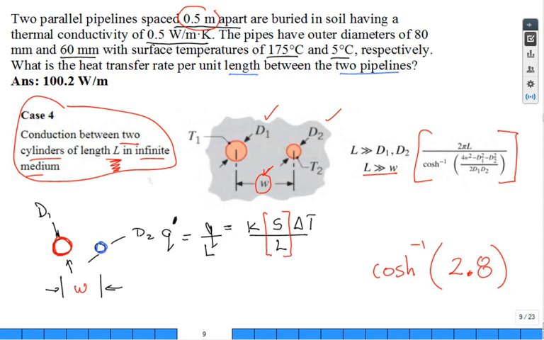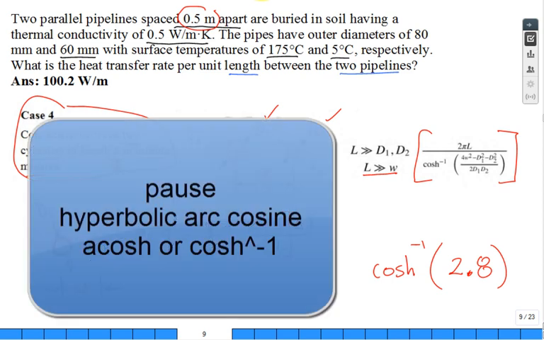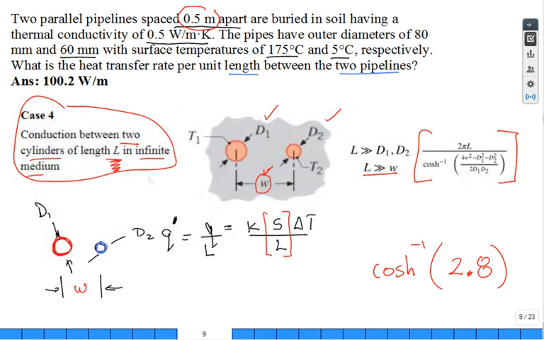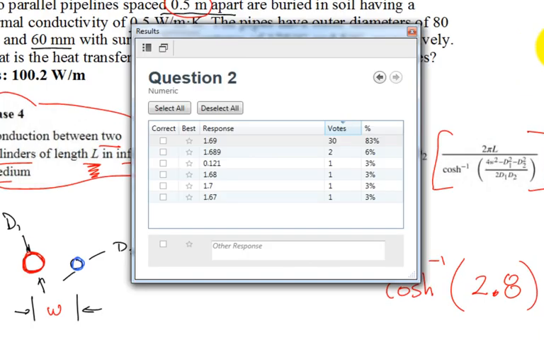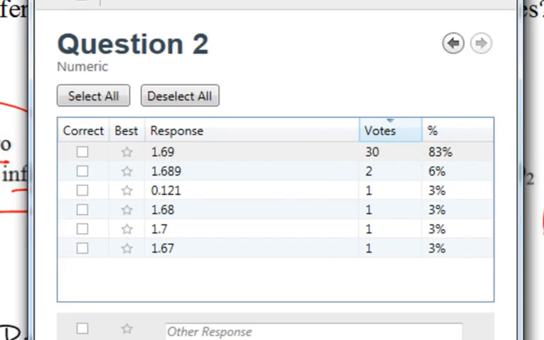When you calculate it, we'll input it numerically into our clicker response. Cosh to the -1 of 2.8. Yeah, let's take a look at our results. Okay, so 1.69.